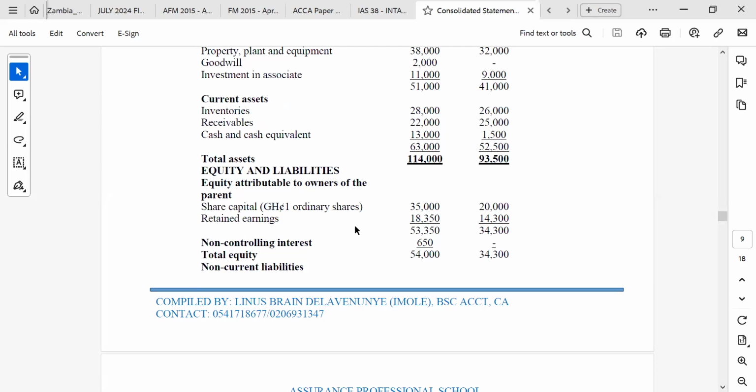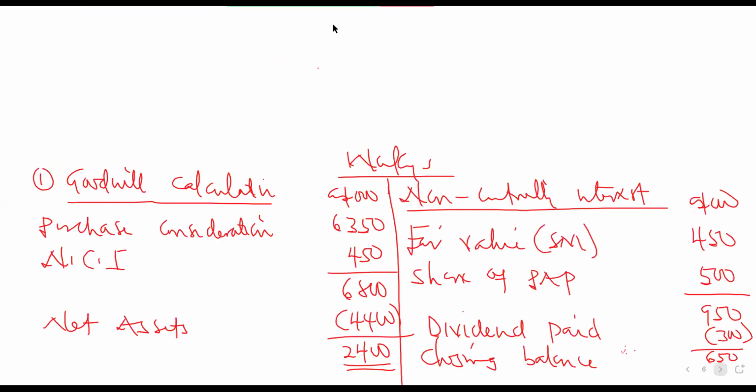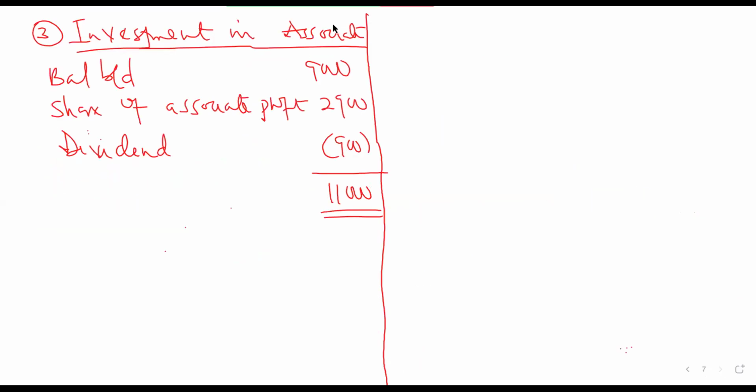The question will tell you whether there is a bonus issue, but you can also determine that from the changes. If the decrease in the retained earnings is the same as the increase in the share capital, then that is a bonus issue.